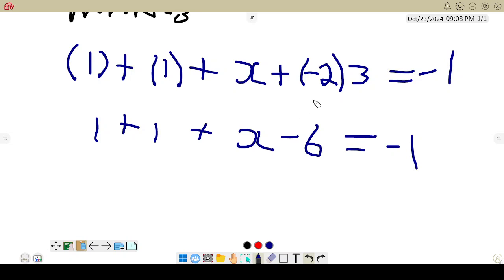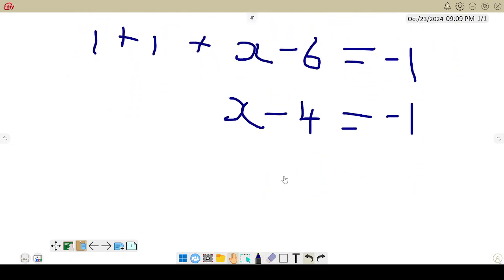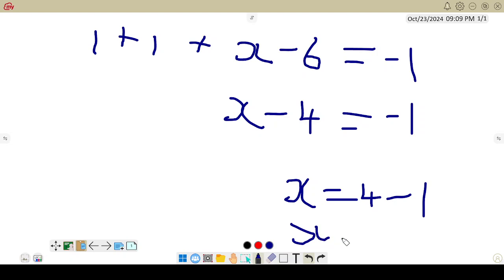Nothing complicated. 1 plus 1 is 2, 2 minus 6 is -4, so X minus 4 is equal to -1. To make X the subject, we say 4 minus 1. So the oxidation number of carbon in that compound is 3.